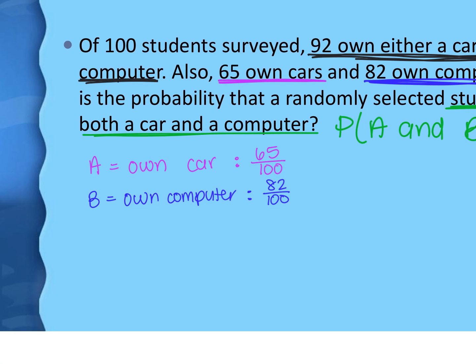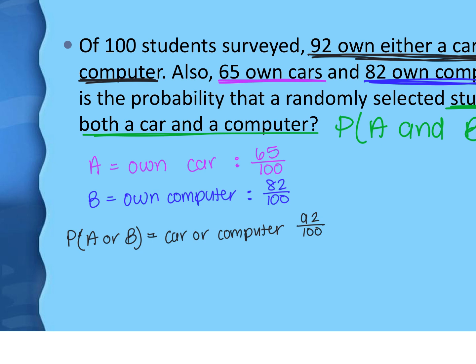So now this one is the students that own either a car or computer. So now this one's going to be 92 out of 100. Keep in mind, own a car has other factors in there, if that makes sense.